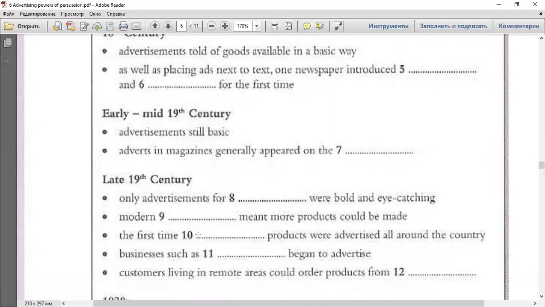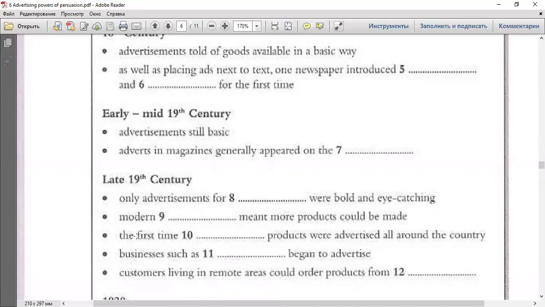Number 9, modern something meant more products could be made. So it says in the text that in the 1880s, several industries adopted new production techniques that created standardized products in unheard of quantities. So new or modern production techniques. So the answer here is production techniques.